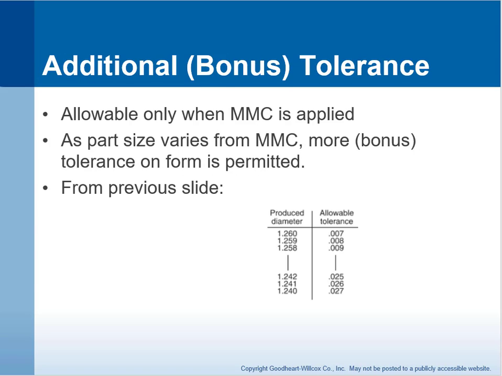However, if the part is not made at its maximum material condition, if it varies below the maximum material condition, you actually get more tolerance. At 2 thousandths below the maximum material condition, at 1.258, we get 2 thousandths more tolerance.